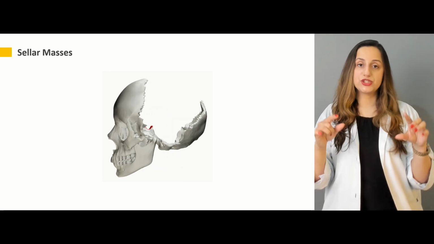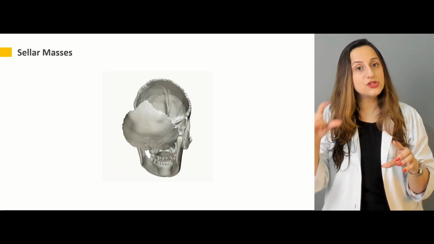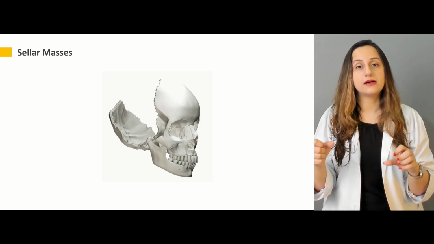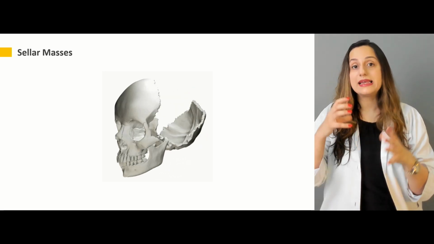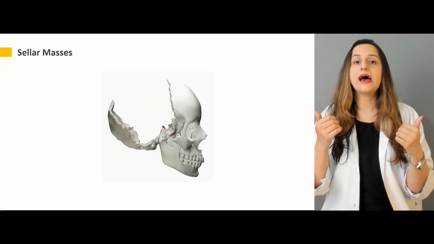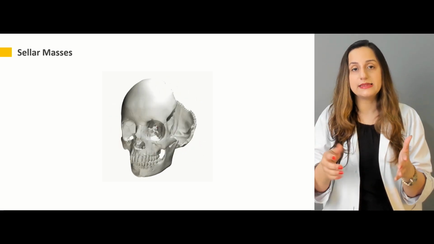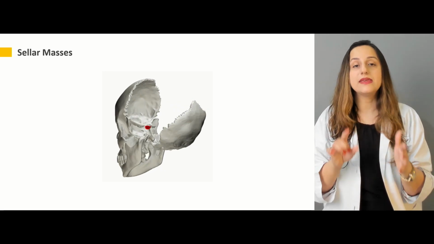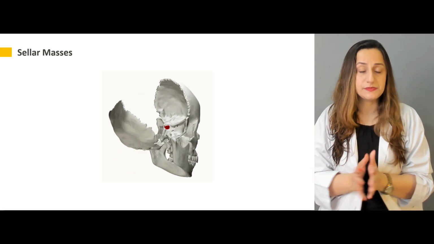So we have a depression, the sella turcica, and we have the clinoid processes anteriorly as well as posteriorly, and then the dorsum sellae, which is a bony projection at the posterior end of the sella turcica.